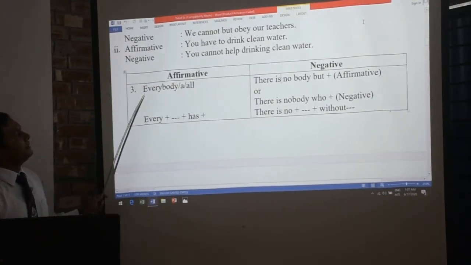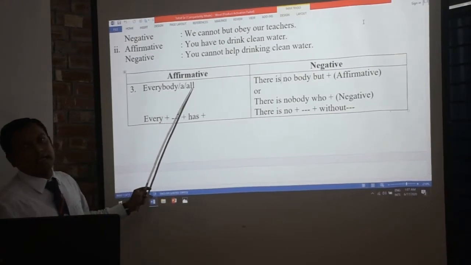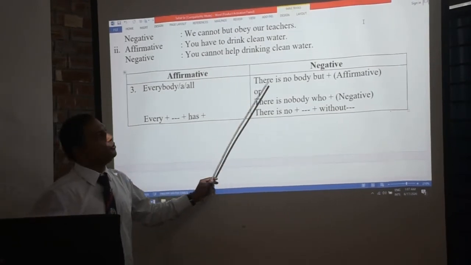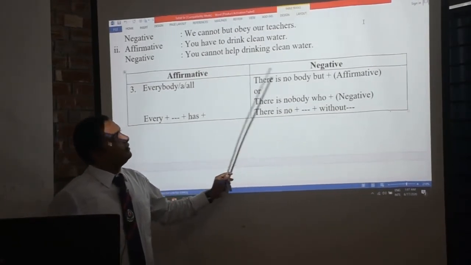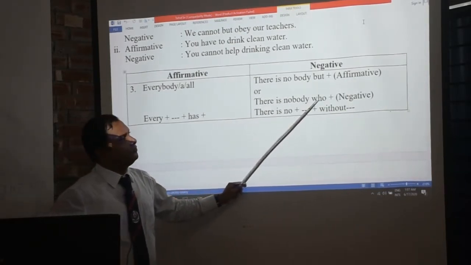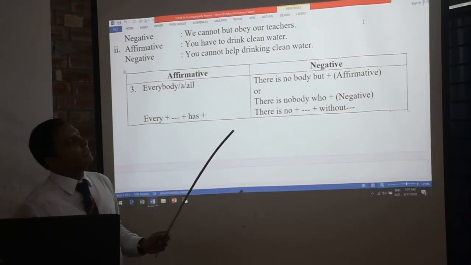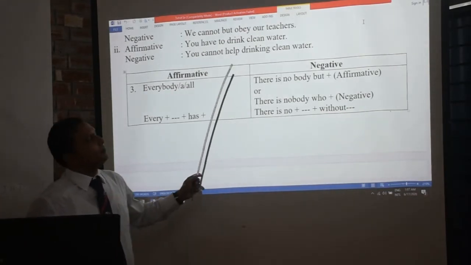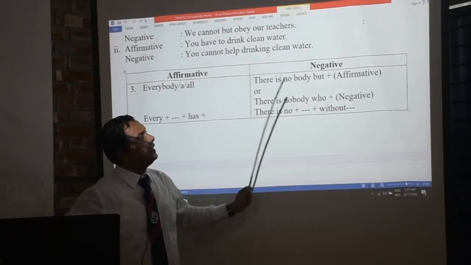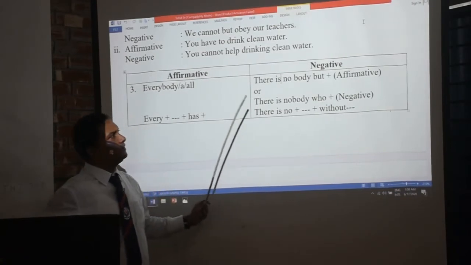In affirmative sentence, if you see everybody or a or all at the beginning of any sentence, you have to use there is nobody but. You can also use there is nobody who. But you have to be very careful in using these two rules. If you use but, you have to use affirmative form, and if you use who, you have to use negative form.